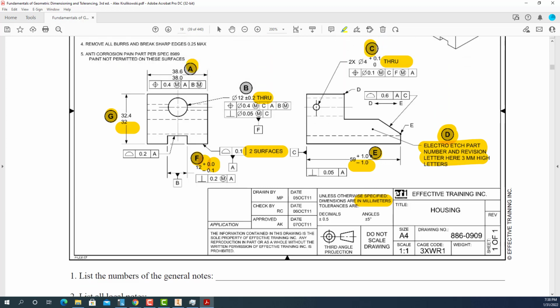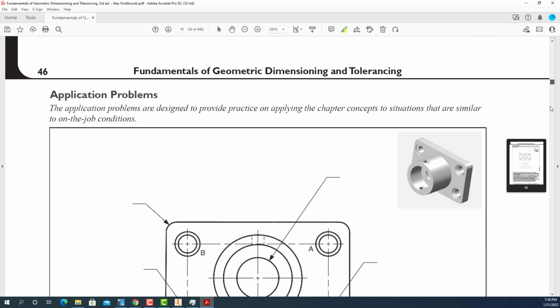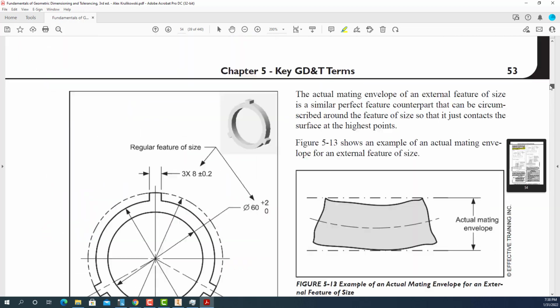Where are they? There are none. So, no, they're not correctly specified because there are none, okay?